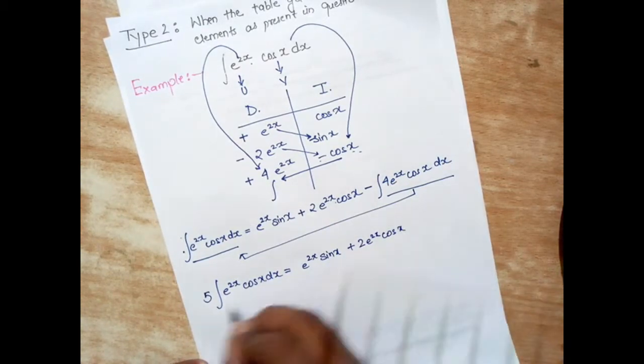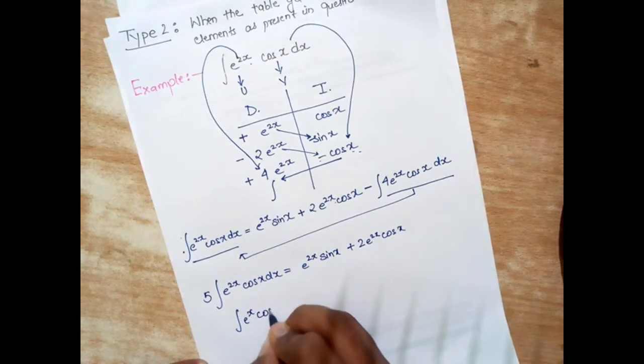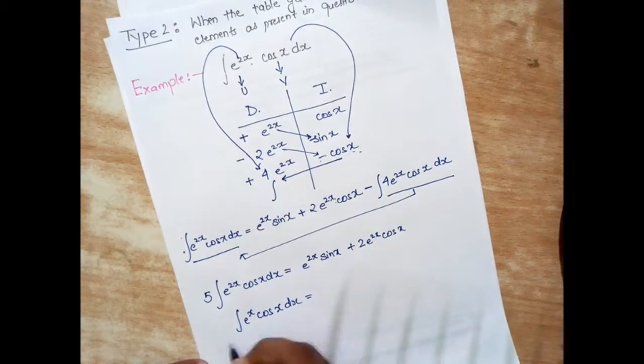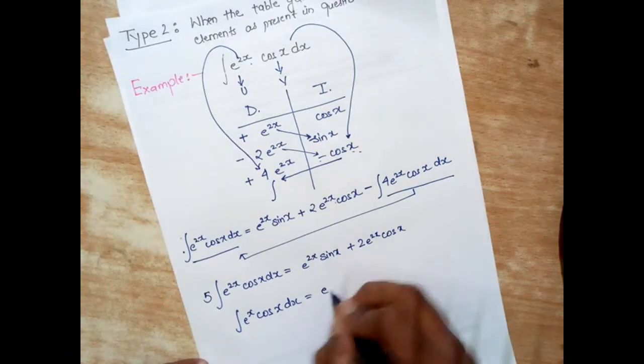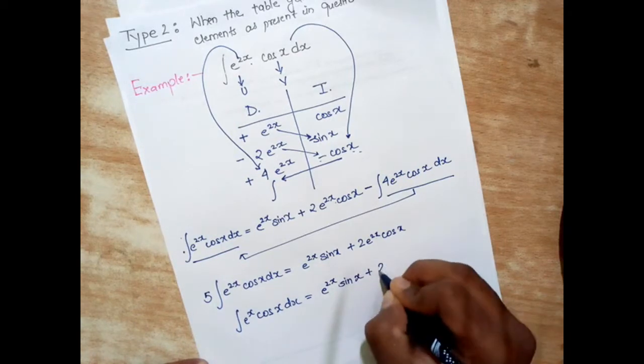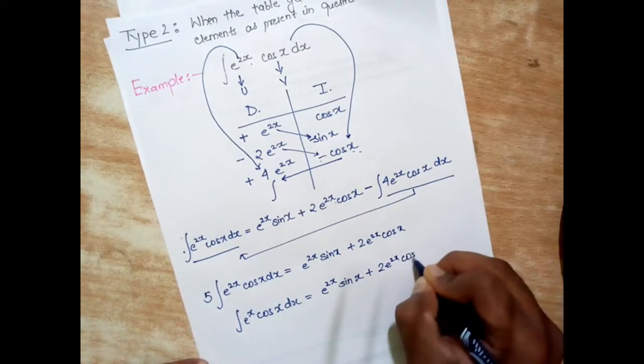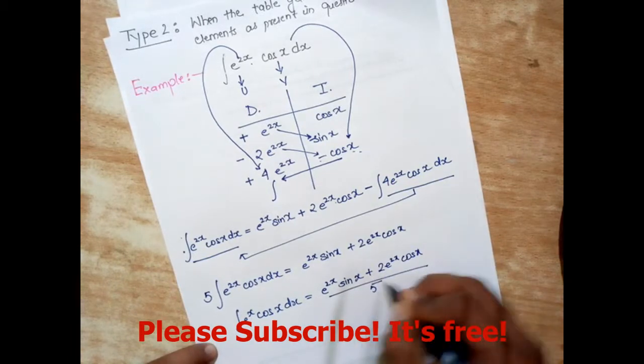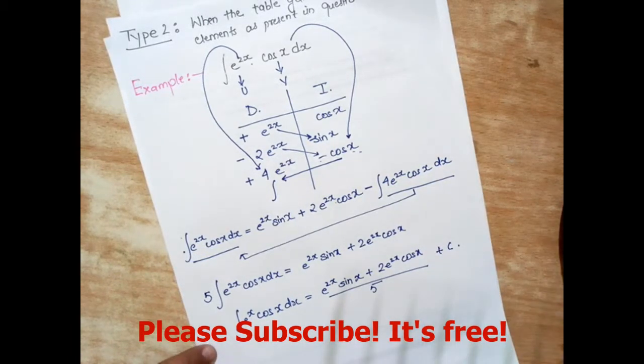Now we shall divide the entire equation by 5, so we are getting integration of e to the power 2x cos x dx, which is our question, and our answer is e to the power 2x sin x plus 2e to the power 2x cos x by 5 plus c. That's how simple it is. Let's move to the type number 3.